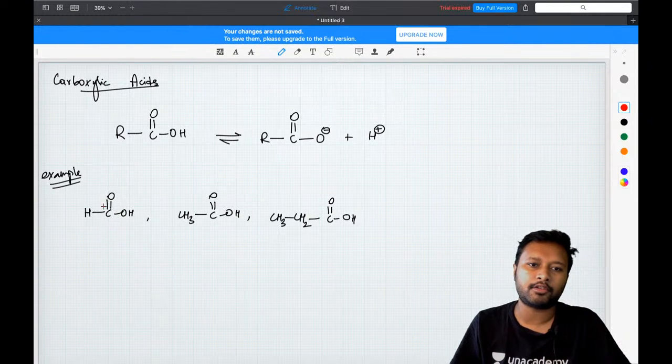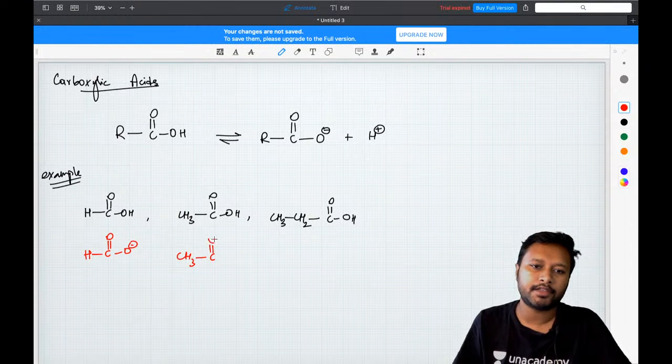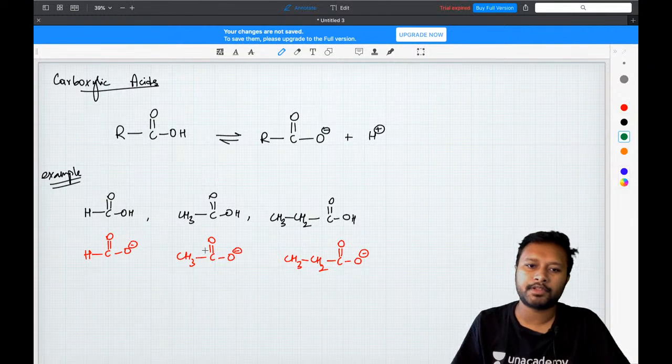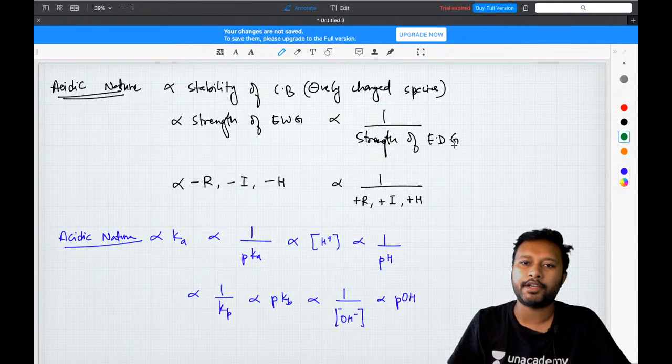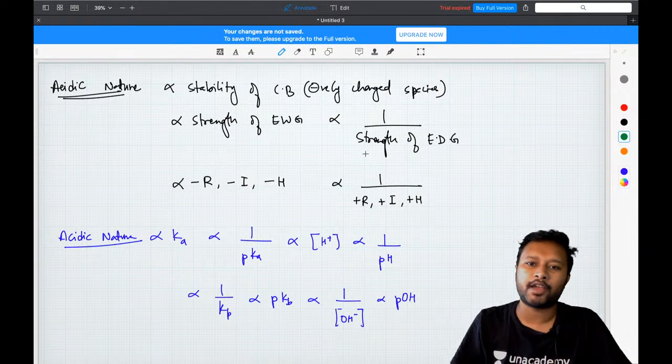If you find out the conjugate base, in this case it will be CH3C double bond O minus, here it will be CH3CH2C double bond O minus. Now these groups are electron donating groups, or electron releasing groups. We have already seen that a better electron donating group decreases the acidity.